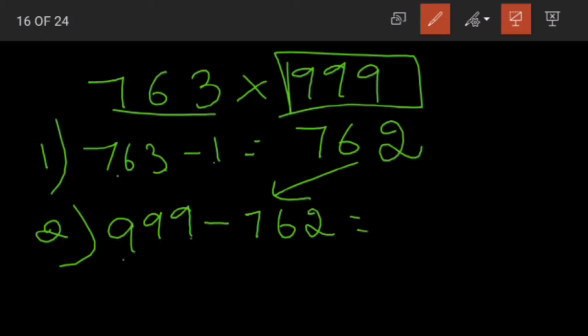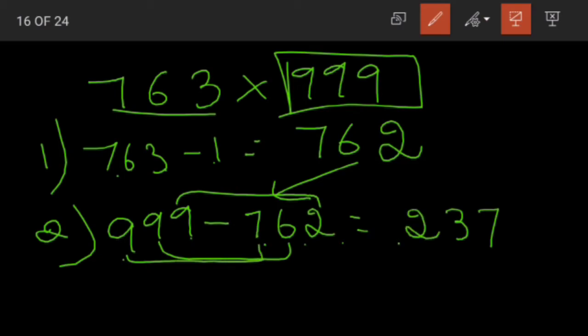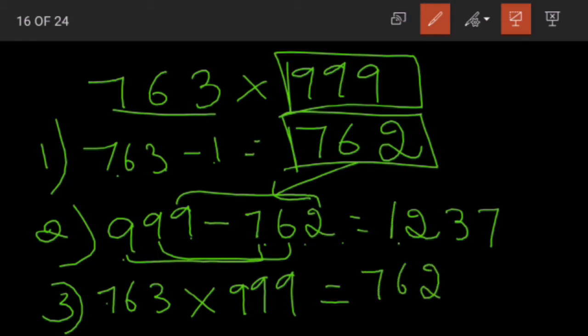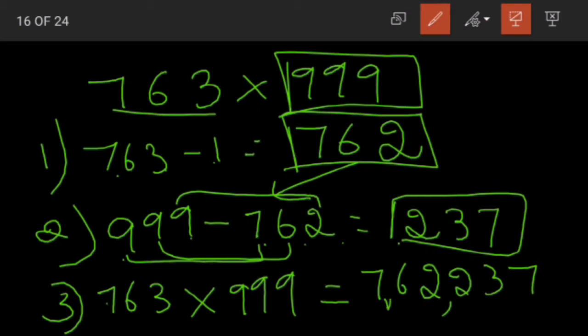So 999 minus 762 is equal to: 9 minus 2, 7; 9 minus 6, 3; 9 minus 7 is 2. Yes children. Now what will be our final answer? 763 into 999 is equal to, write the first step's answer first and then the second step's answer. What is it? 762,237. I hope this was clear children.